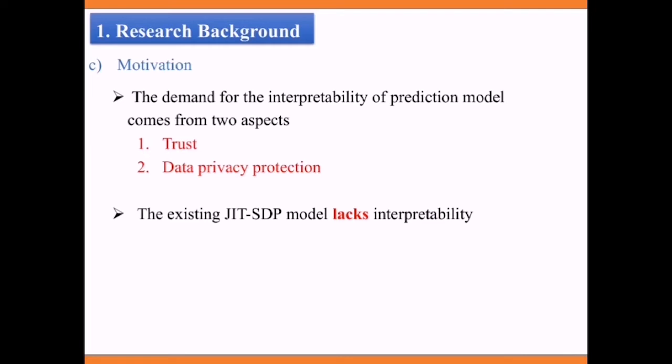According to Article 22 of the European Union General Data Protection Regulation, if the data used in the decision-making model affects individuals or organizations, the decision-making model needs to provide an explanation.